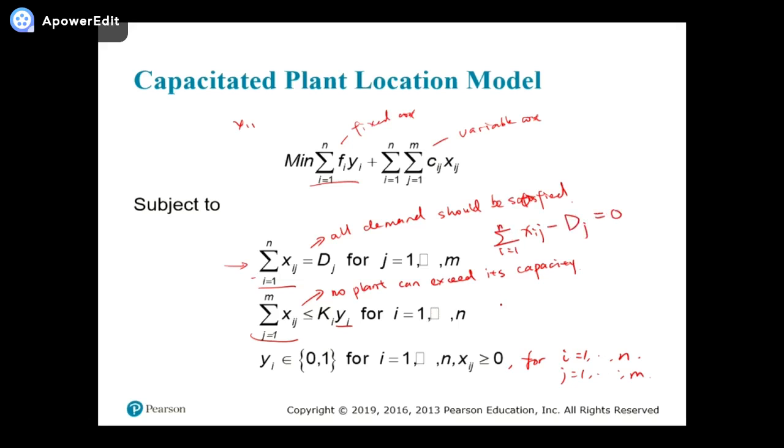And the second constraint is the sum over j from 1 to m of Xij, subtract Ki Yi, should be less than or equal to 0. So then our constraint cells calculate the left-hand side, and then in the Excel solver we're going to enforce it to be equal or less than or equal to the right-hand side.